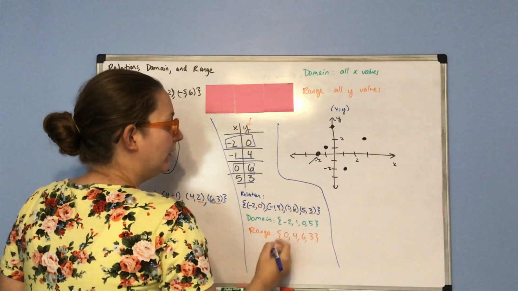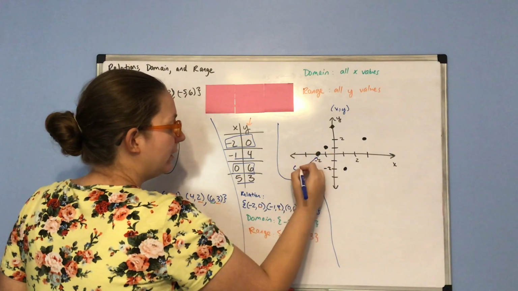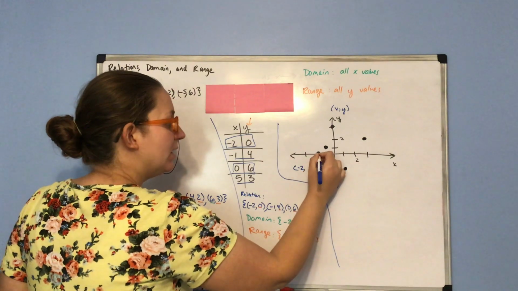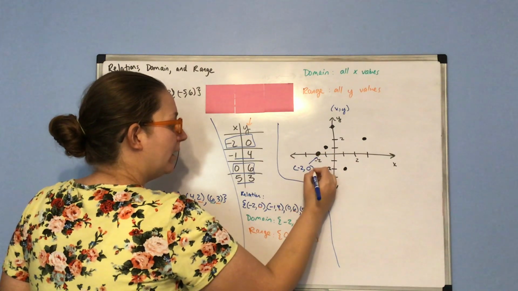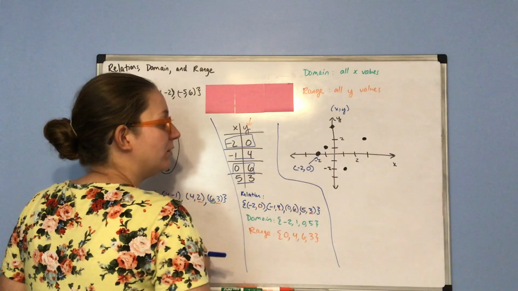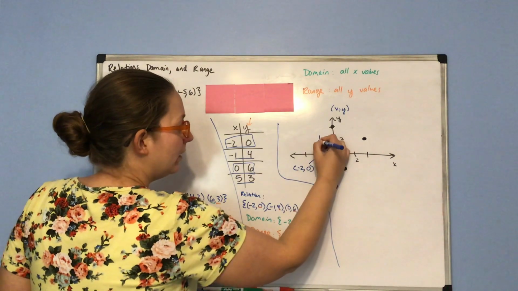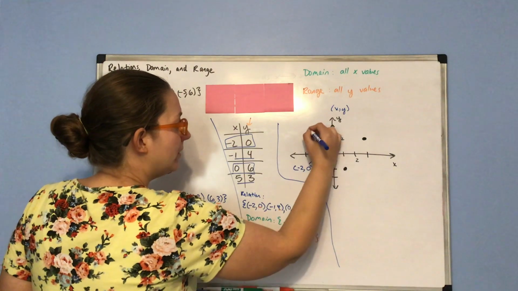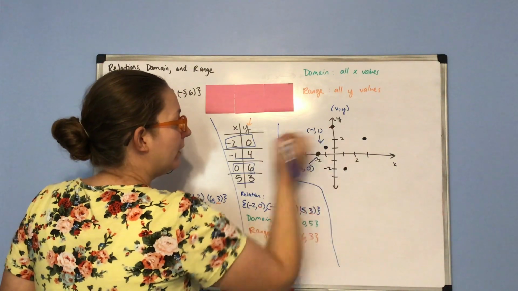For this point right here, my x coordinate is -2. Since it's on the x-axis, my y coordinate is 0. I went to the left 2 from the origin, but did not go up at all, so that's -2, 0. This one right here, x value is -1, y value is +1.